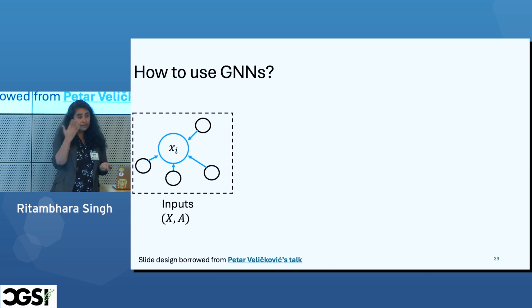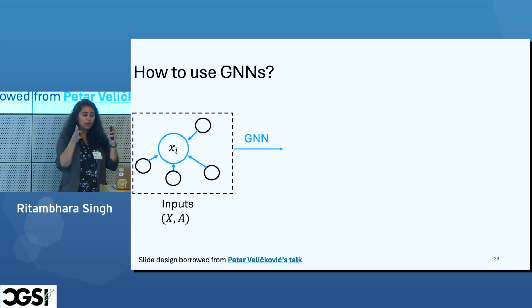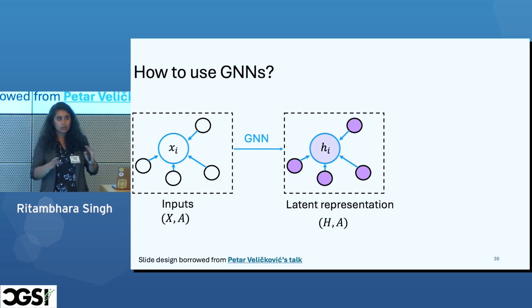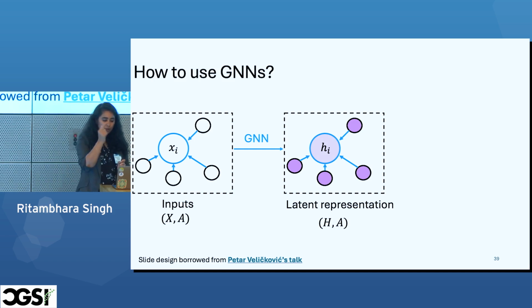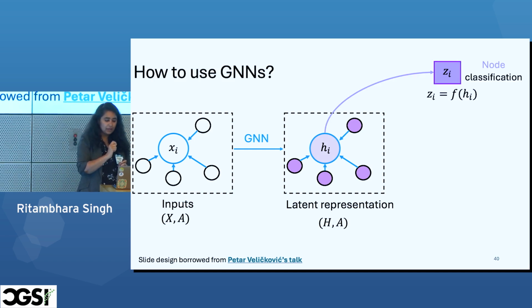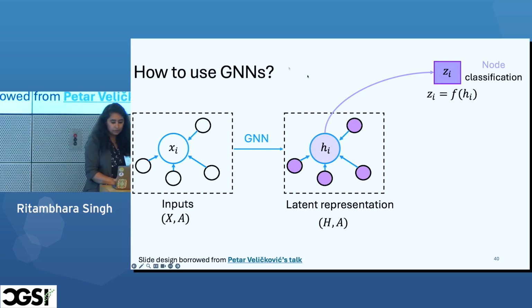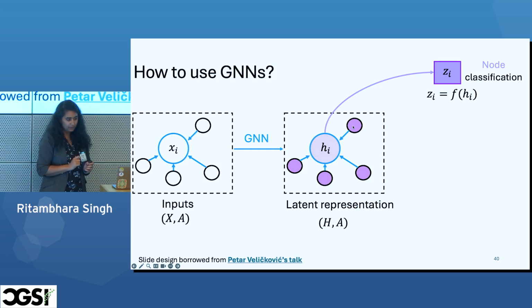So how do we formulate this? So if you have your inputs, your node features, your adjacency matrix, you feed it into a graph neural network, you have learned this nice representation based on the structure and the information in the graph. So if I want to now do node prediction or node classification, I can just take this representation, feed it through some sort of a fully connected layer F, and now I can make predictions on the node.